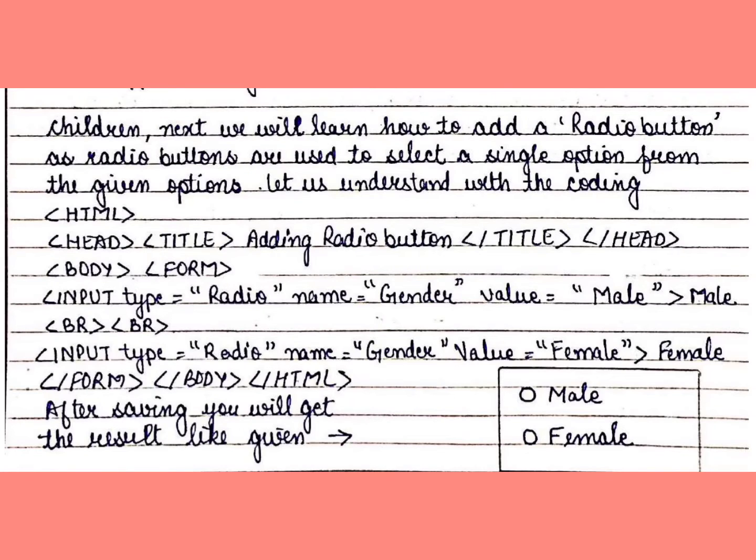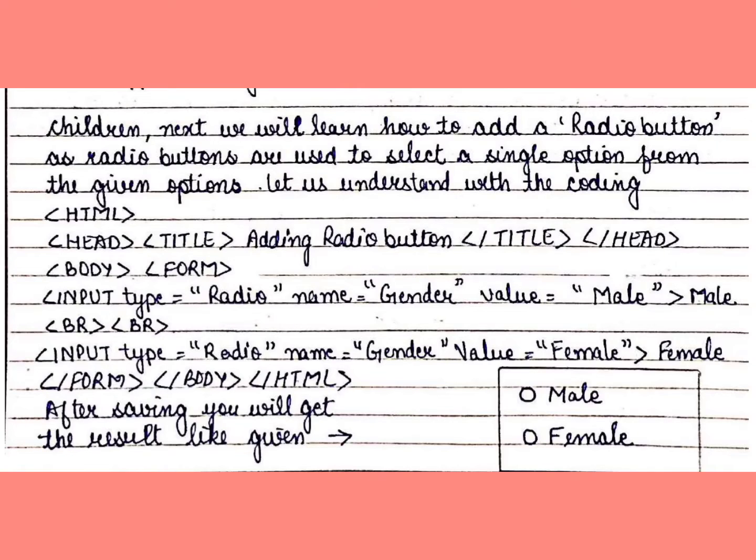Children, next we will learn how to add a radio button, as radio buttons are used to select a single option from the given options. Let us understand with the coding. Use the basic HTML tags and then use input type is equal to radio, name is equal to gender, value is equal to male.